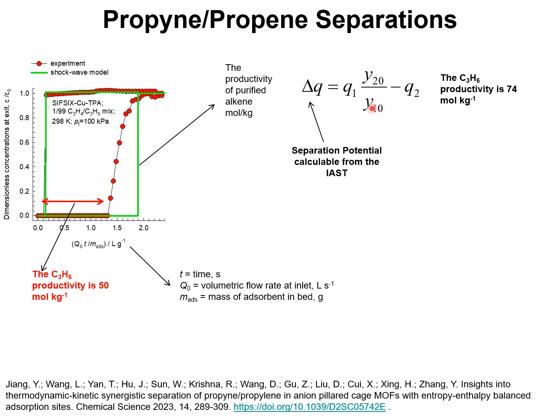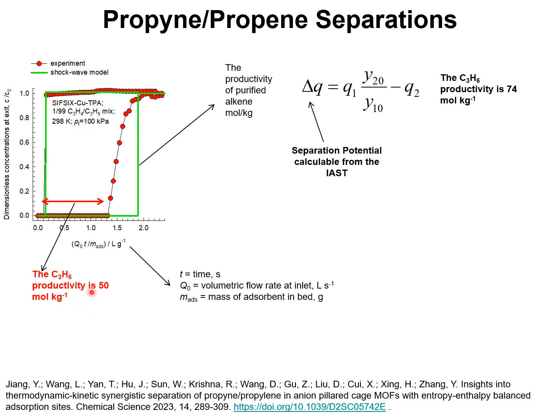So this is 0.01 and y20 is 0.99 for 1/99 mixtures. The value of delta Q using the IAST works out to be 74 moles per kilogram.